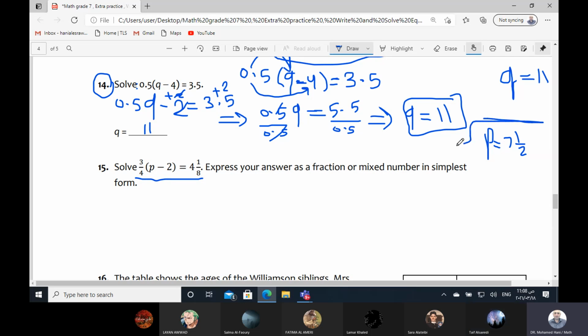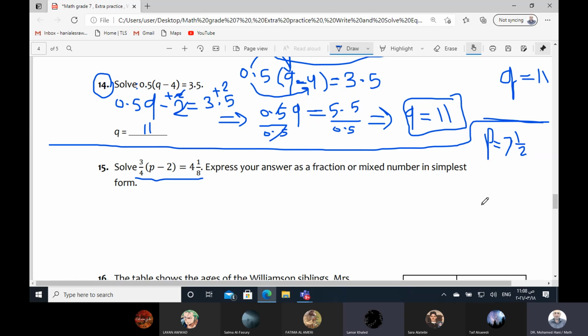Who has a different answer? I got the answer, but it's a decimal.